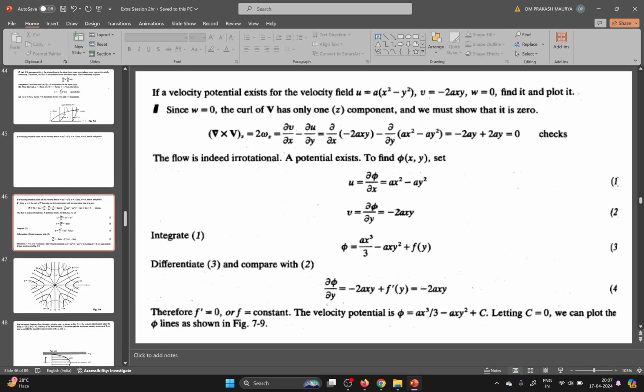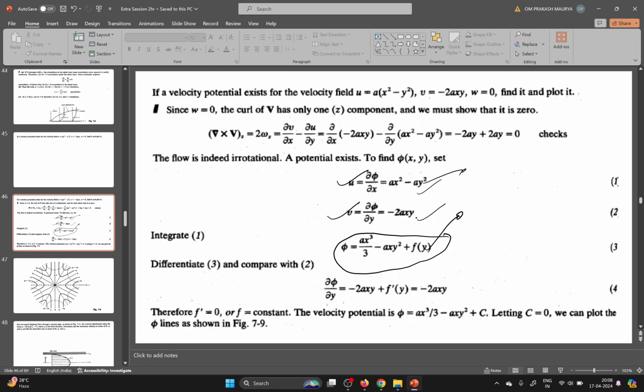You already know how u is related to the velocity potential. Using the expression you will calculate, then integrate the first equation and you will get the expression. But how will you calculate these things? Differentiate equations 2 and 3.